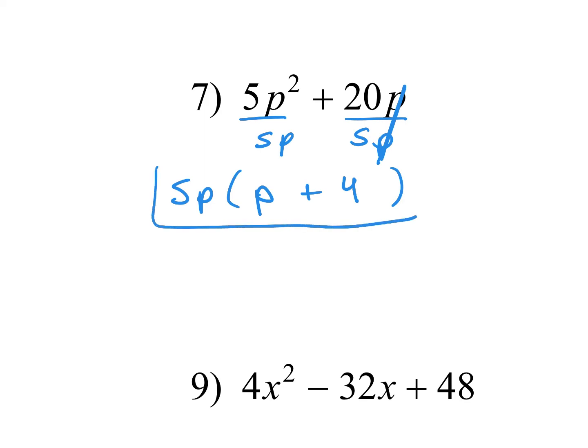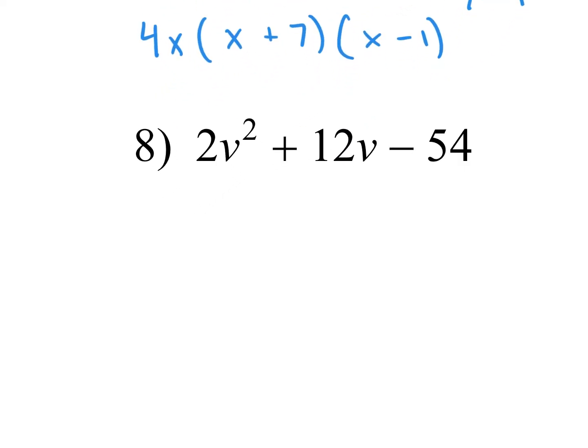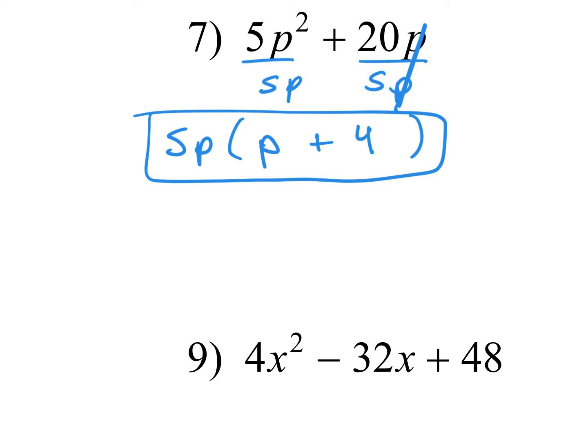How did you know to put the p before the 5? All right, number 8. Oh, and then don't you have to put it into a more simplified form? Do I have 3 terms in my parentheses? You only do that when it's 3 terms. Only when there's 3 terms that you break it down more. Since I only have 2 inside here, that's as simplified as it can go.